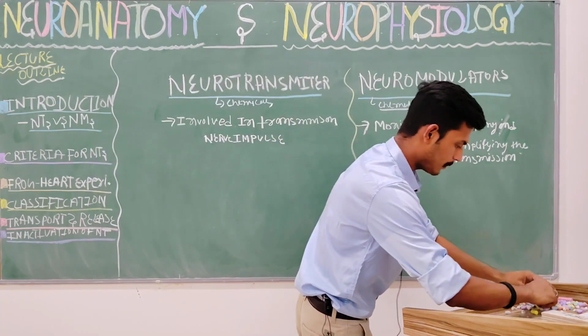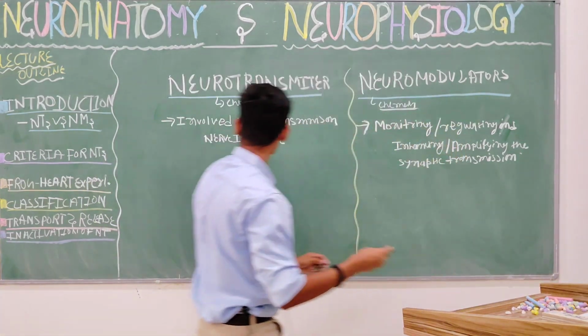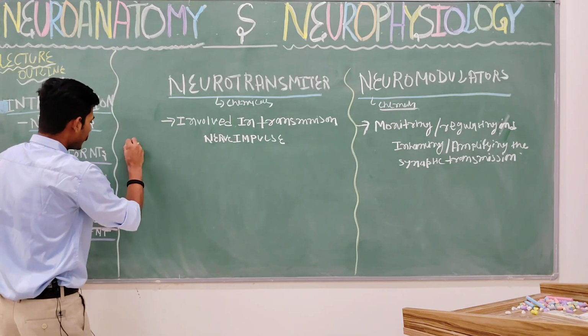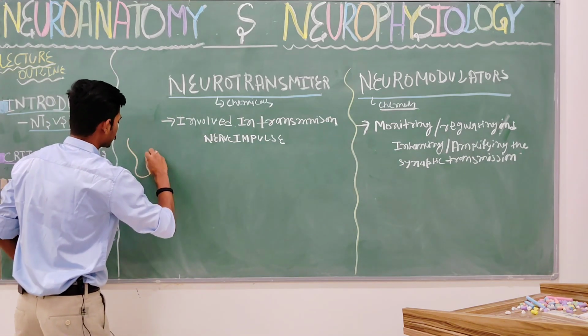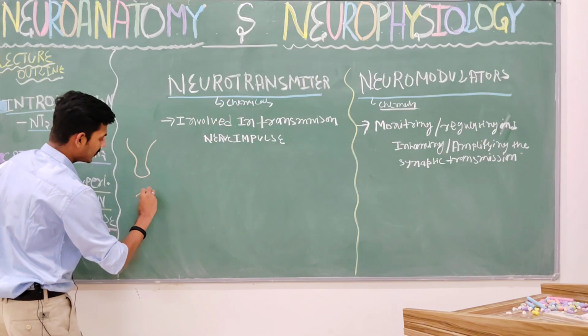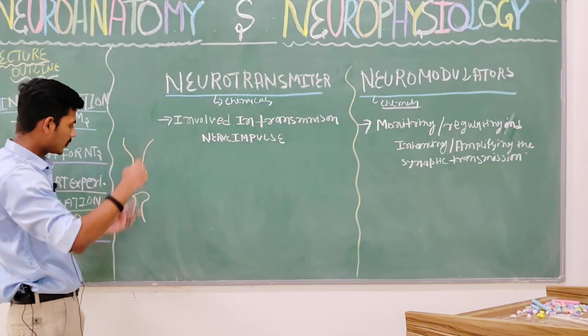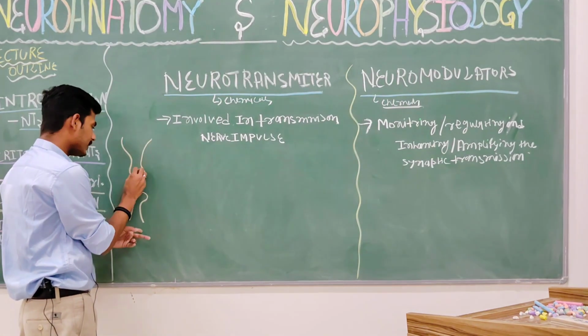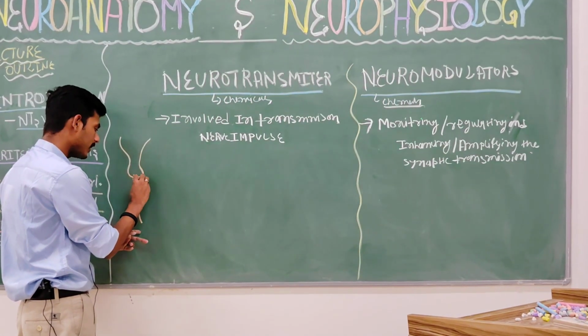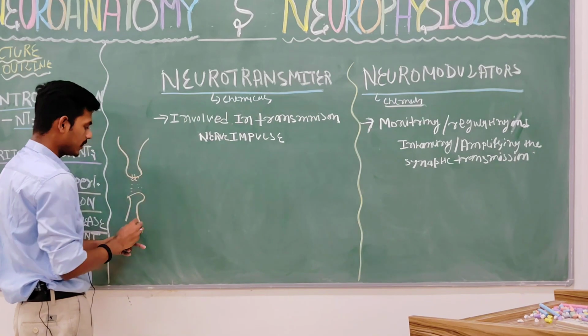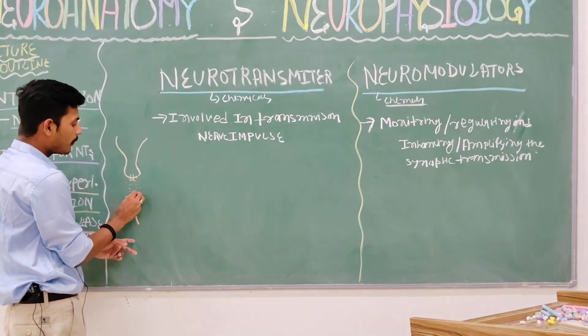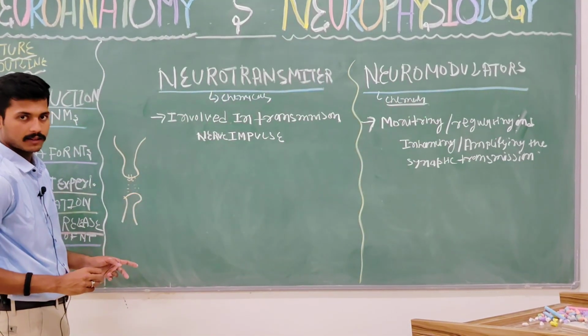Probably you remember from your previous classes, we've seen that there are nerves, fine. The first nerve we defined as the presynaptic neuron, and then the postsynaptic neuron, and there is a release from here of neurotransmitter which binds with the postsynaptic membrane. Understood?